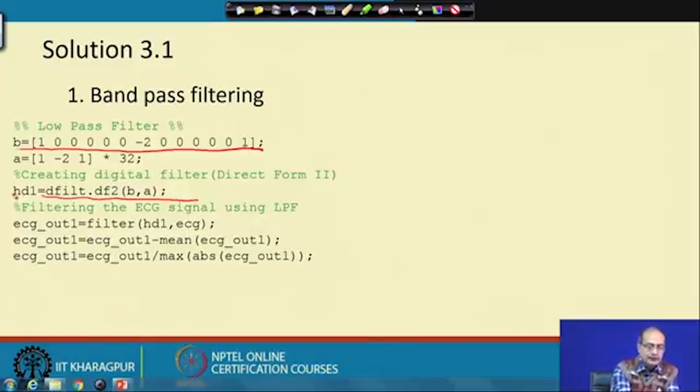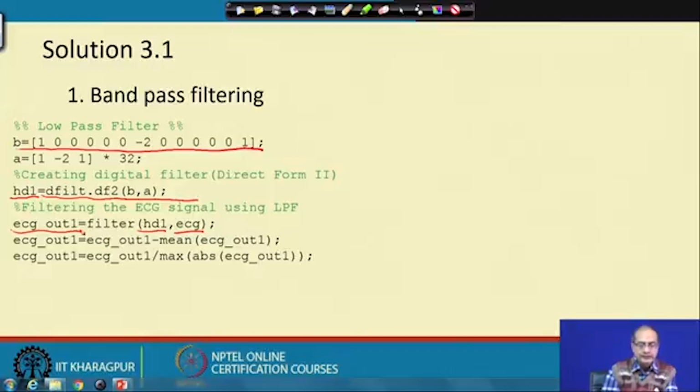We get the handle of that, HD1, and using that we first perform the low pass filtering. We use the command filter, provide the filter, followed by the signal ECG, and we get the output ECG out 1.